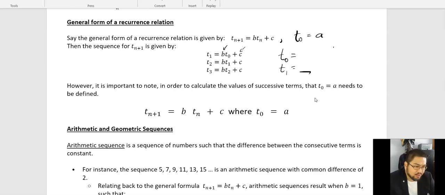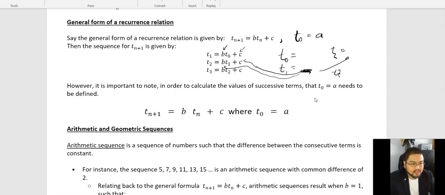And to get t2, you need to use your answer from t1, and then multiply that by a multiplying factor b and add a constant c, to get your answer for T2, and likewise for T3.